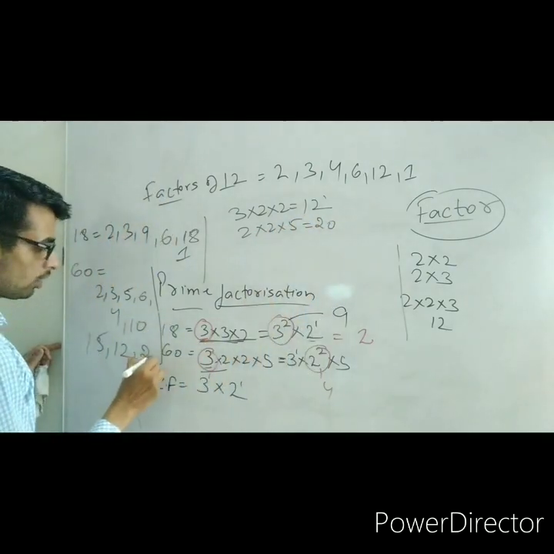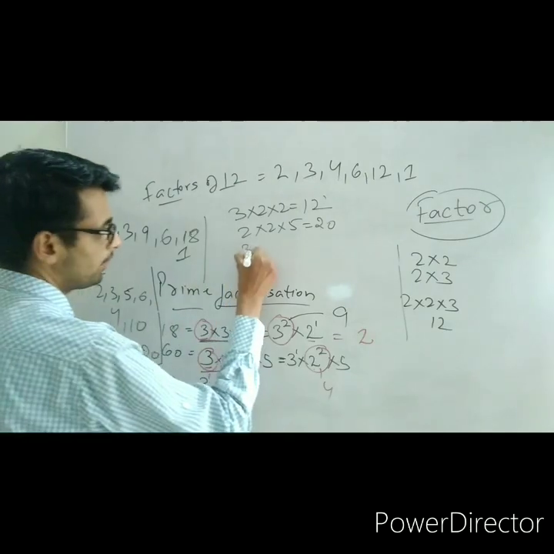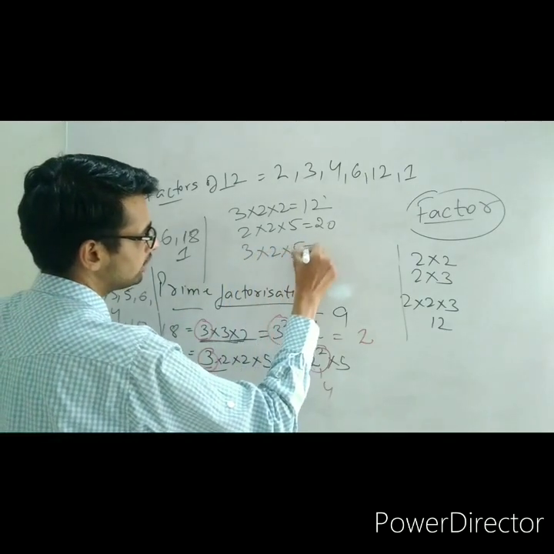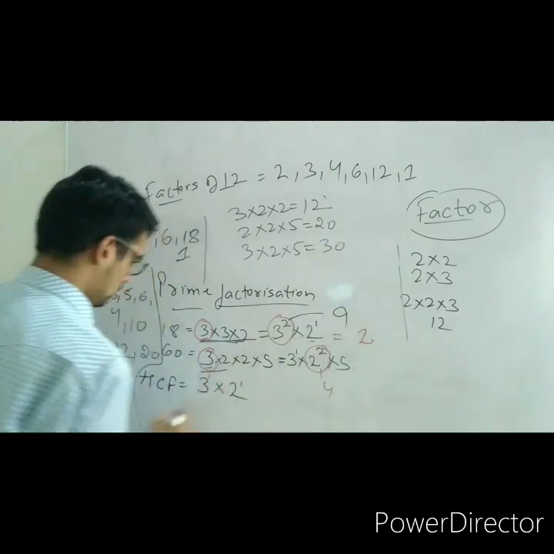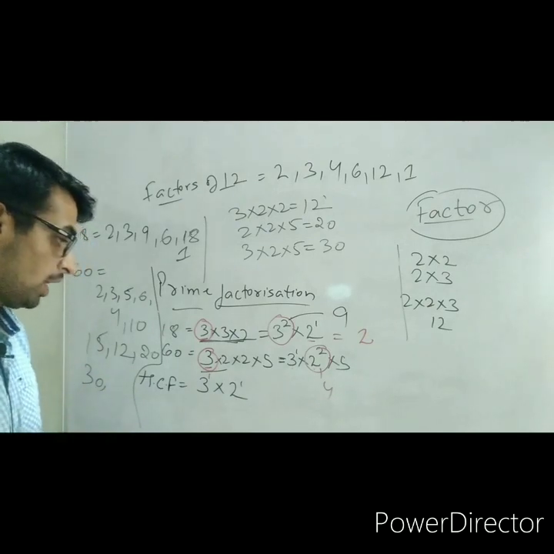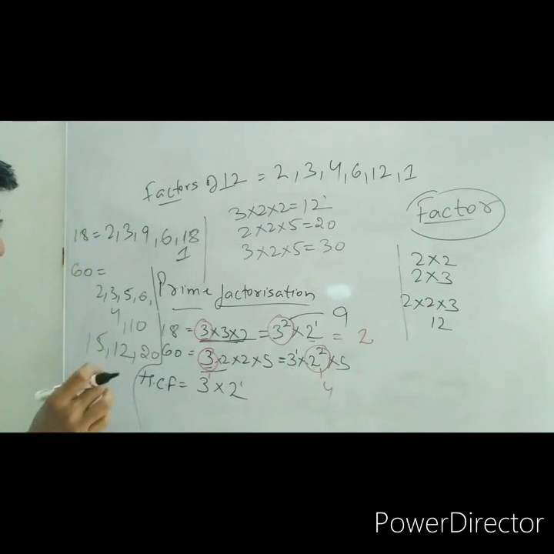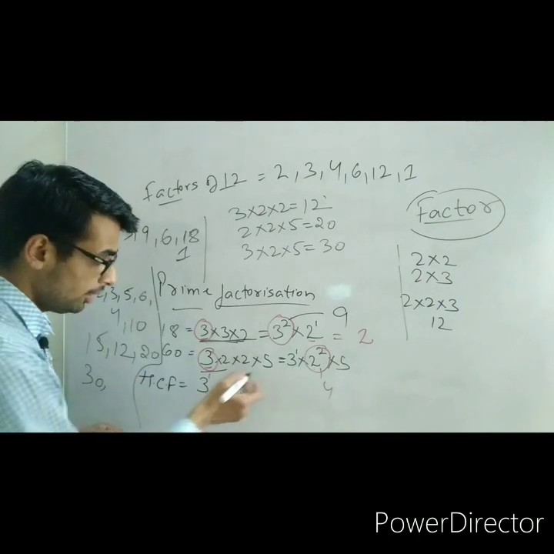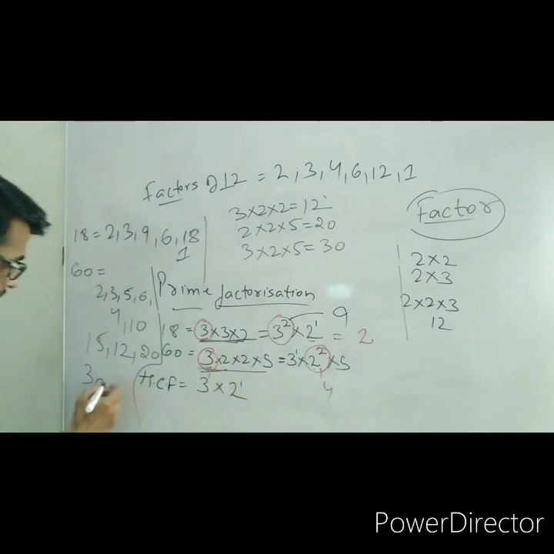So 20 is a factor of 60. 3 multiply 2 multiply 5, which is 30. So 30 is a factor of 60. Do you find any other combination? 3 multiply 2, then 2 with 5, then 3 with 5. I think that is it. We cannot write any other different combination. Now the combination of 4 numbers is 60 itself. So 60, and 1 is always there.